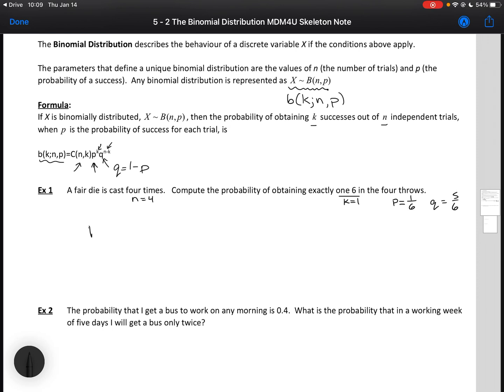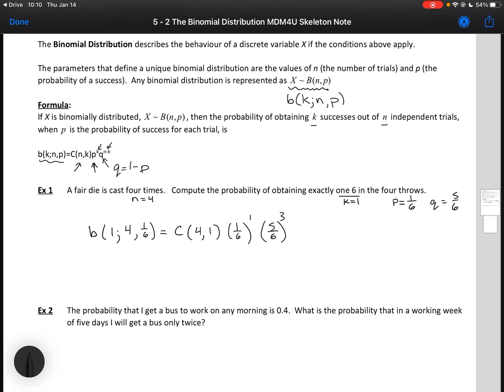So let's write out our formula here so that we can calculate that probability. We have a binomial distribution. The number of successes that we want is 1. Our number of trials is 4, and our probability of success is 1/6. That's going to translate into our formula as n choose k times our probability of success raised to the number of successes times our probability of failure raised to the number of failures, or n minus k.